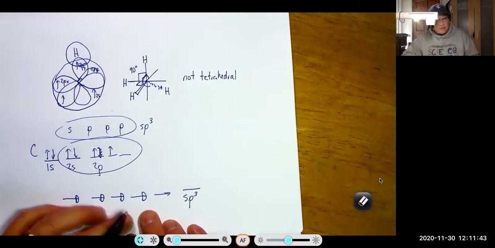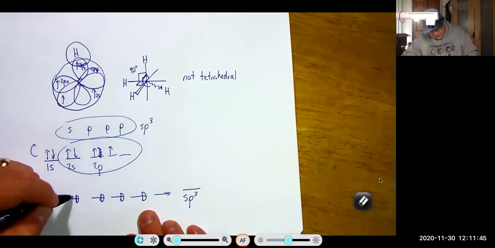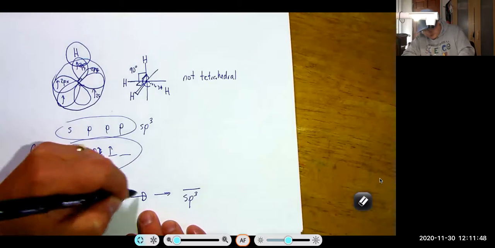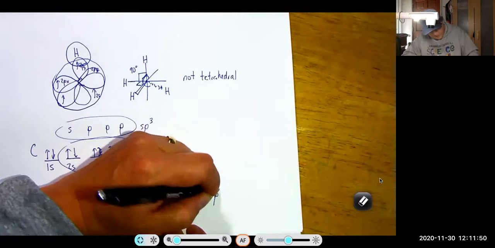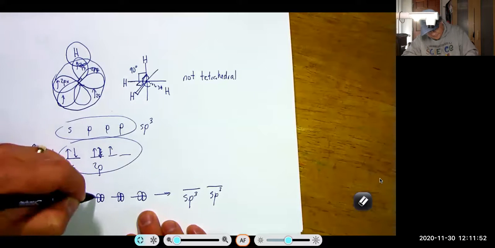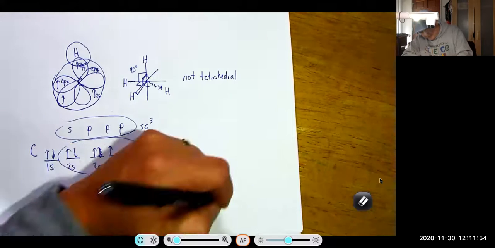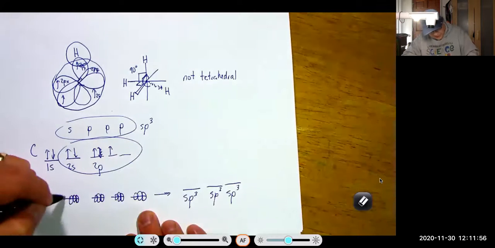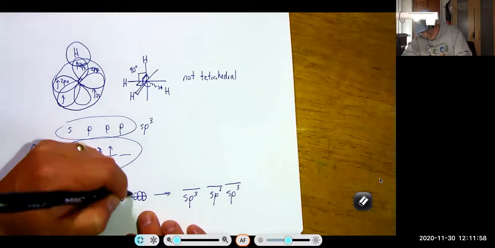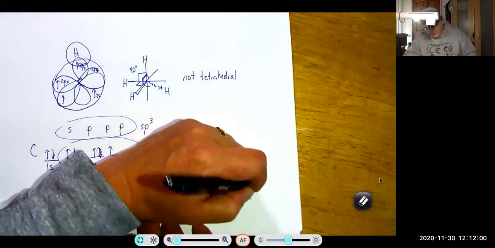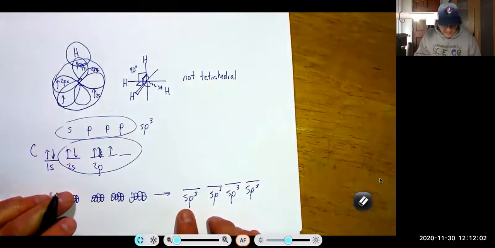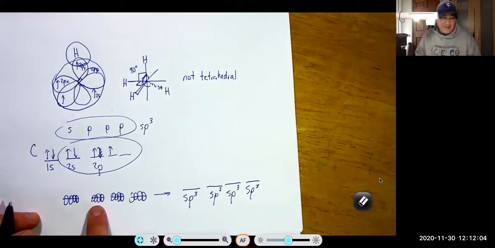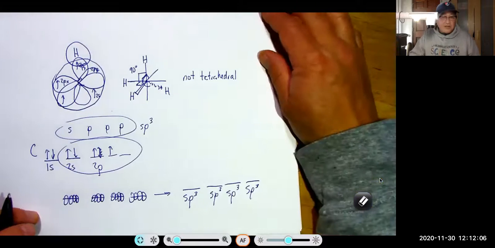So how many times can we do this? We can do this 4 times. So here's another sp3. Here's another sp3. And here's another sp3. So each of these orbitals is 1 part s and 3 parts p. And that's why they're called sp3.